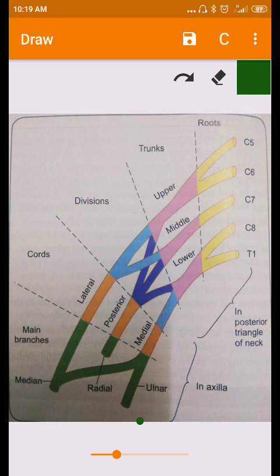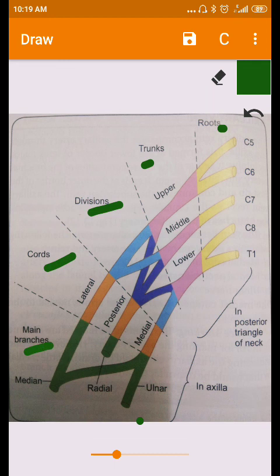Again, now we will see how the formation of the brachial plexus takes place. The mode of formation: there are 5 stages. One is the root, trunk, then divisions, cords, and the fifth one is the branches.